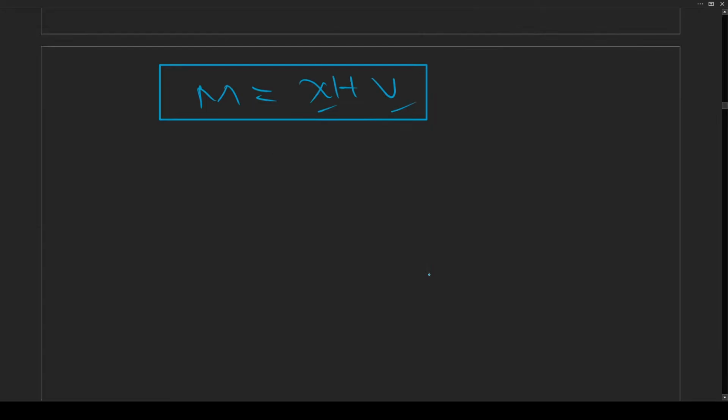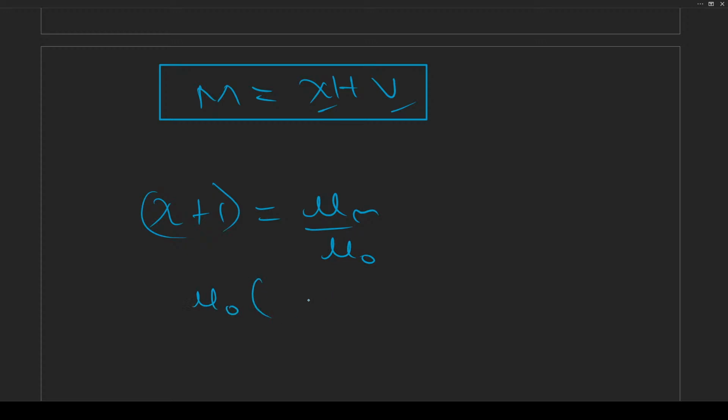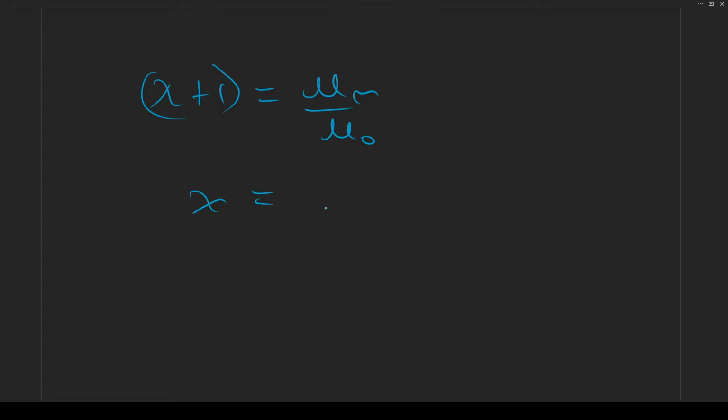We know that permeability, susceptibility and relative permeability are interdependent. So chi plus 1 is equal to mu r, and mu r is equal to mu m by mu naught. So mu naught times chi plus 1, or basically chi is equal to mu m by mu naught minus 1.